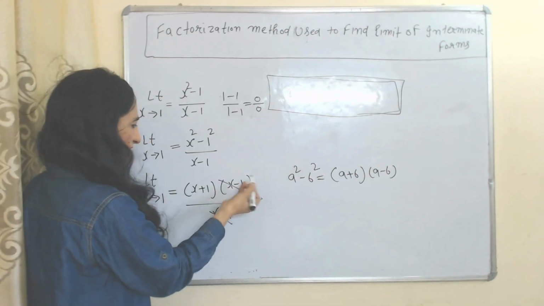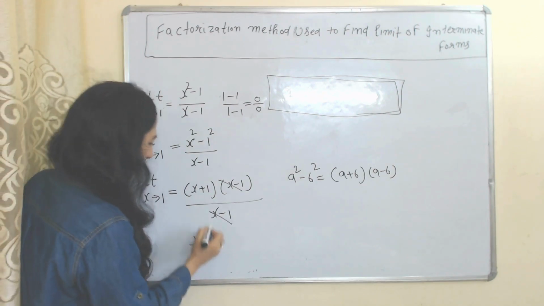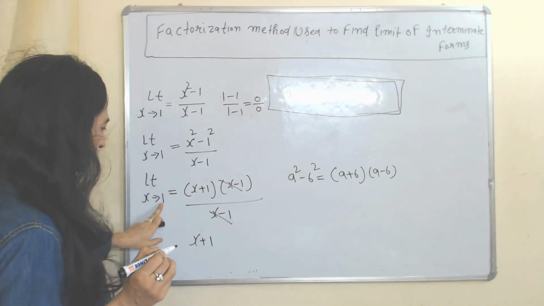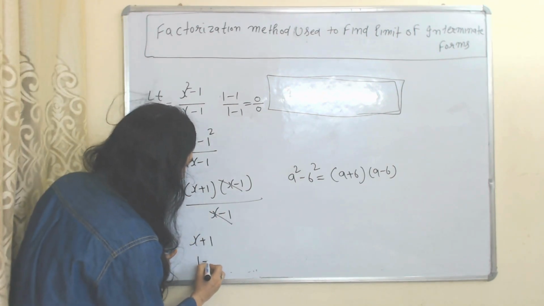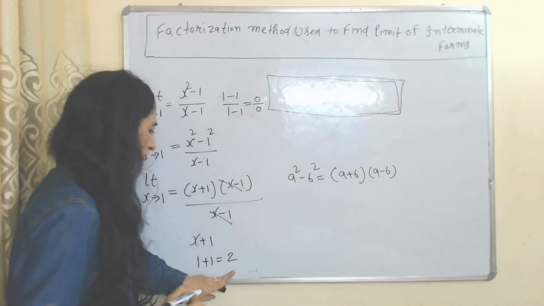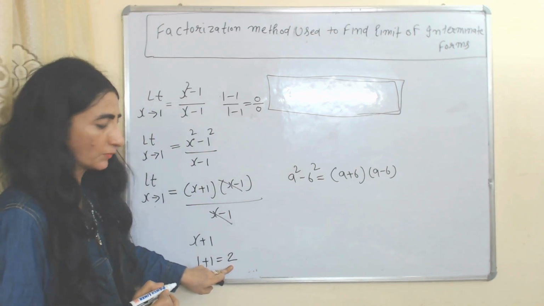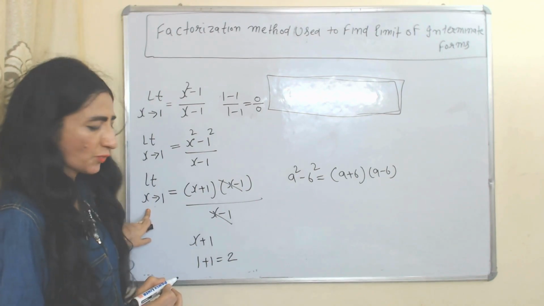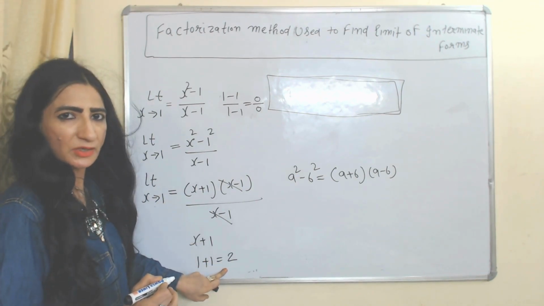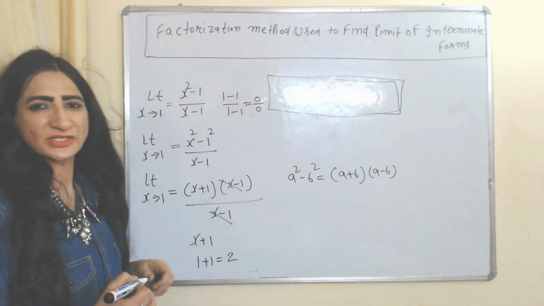So the x minus 1 cancels out, leaving x plus 1. Now we will put 1 in place of x. So now our function becomes equal to 2. If x approaches 1, then our function becomes equal to 2 through the factorization method.